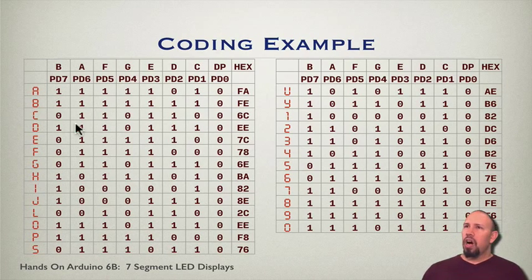Again, we can go through and do all of the letters we showed before. Also, if we were to include lowercase letters, we could get some lowercase letters that would be readable.